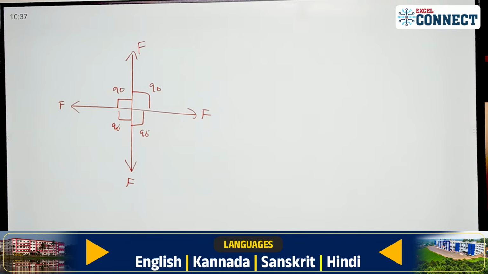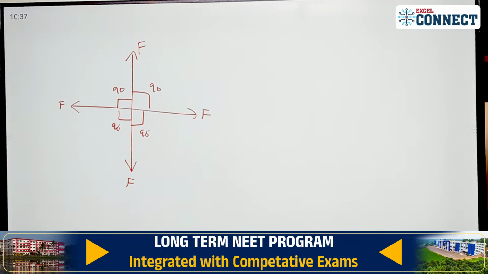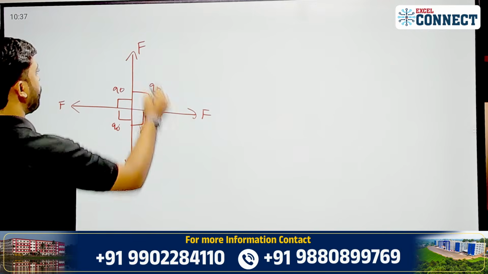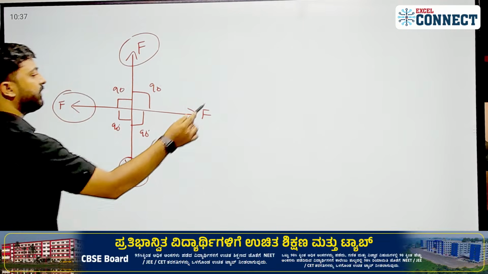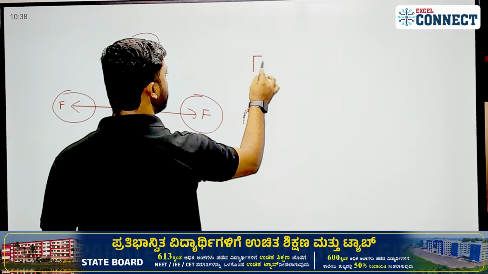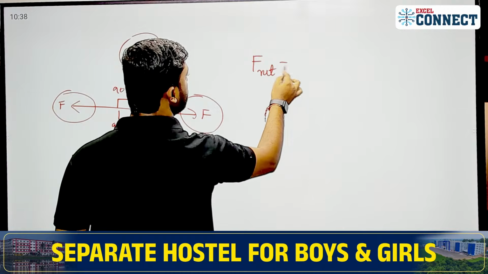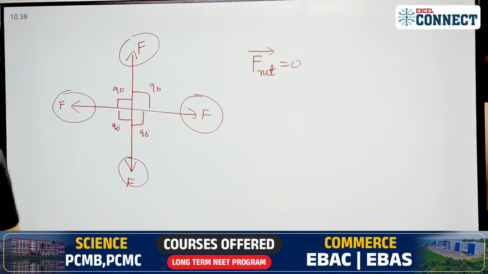What will be the resultant? Resultant will be 0, right? Here upward force and downward force will cancel each other. Left side force and right side force also cancel each other. So here also F net is 0, right? Net force will be 0.